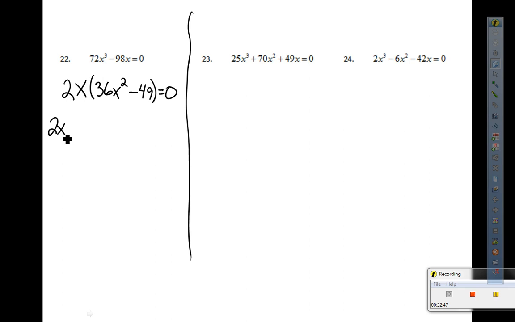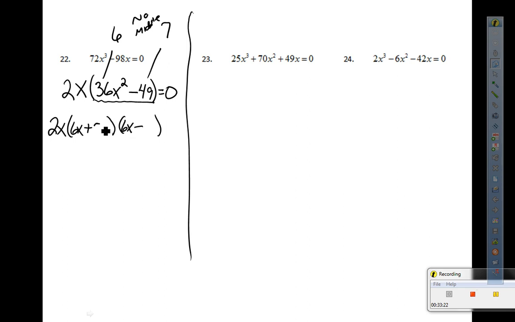This is the hardest part of the day. You have to decide which of our 4 kinds of factoring that is. I know the square root of 36 is 6. I know the square root of 49 is 7. And there's no middle term. When that happens, 2 parentheses, a plus and a minus. 36x squared square rooted is 6x.